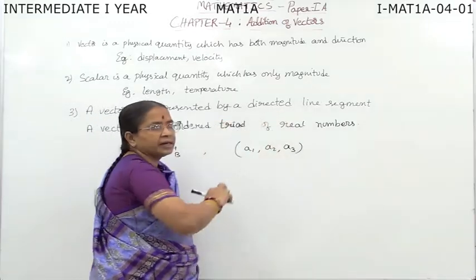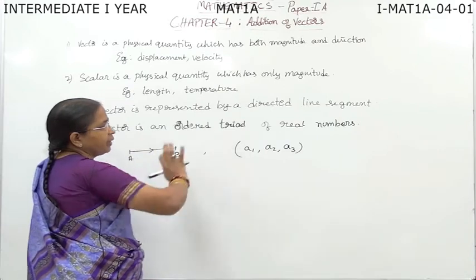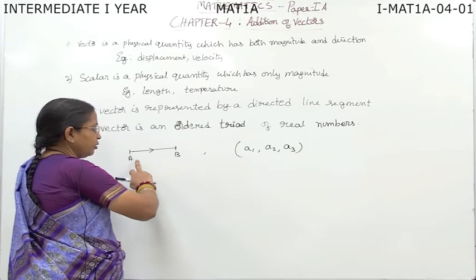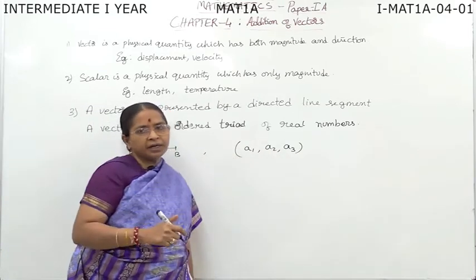So you can denote a vector by a directed line segment like this or by an ordered triad.